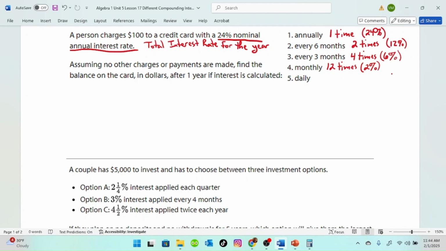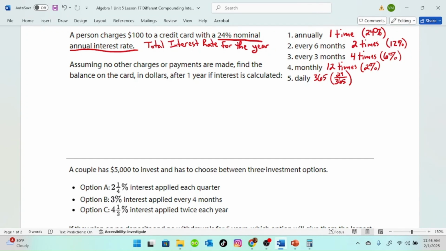And if we did it daily, that would be 365 times, and each time would be 24% divided by 365 days.